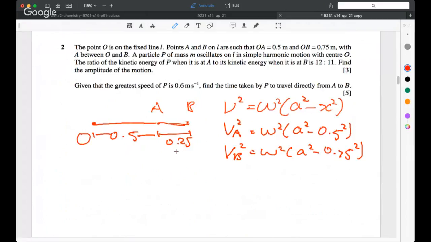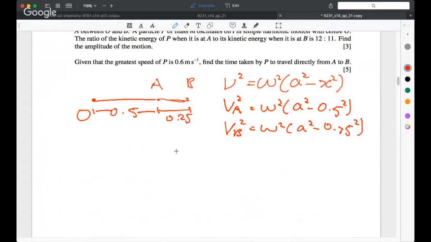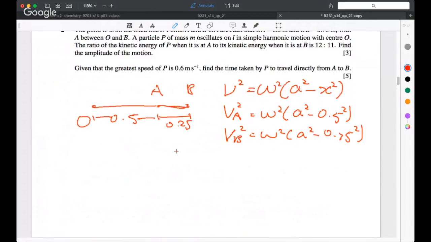And from the condition that the ratio between the kinetic energies is 12 to 11, we can also write down the equation: a half VA squared, the kinetic energy at point A, is equal to 12 over 11 times a half VB squared, which is the kinetic energy at point B.